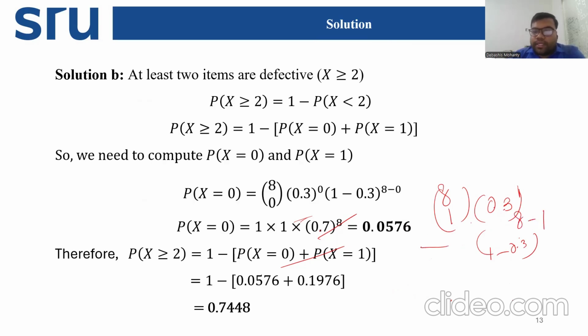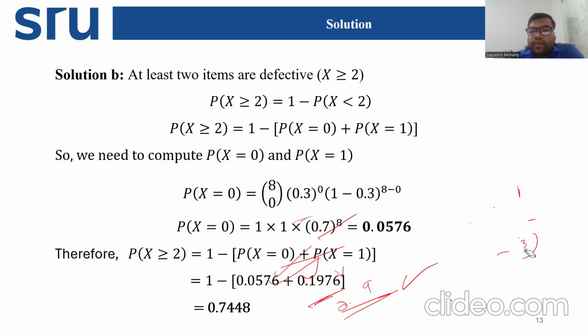Now this result gives the value 0.1976. So this is the probability of x equals 1. Before that we already found the probability of x equals 0, that is 0.0576. After that we found the probability of x equals 1 as 0.1976. After finding all these values, we need to calculate the final value.